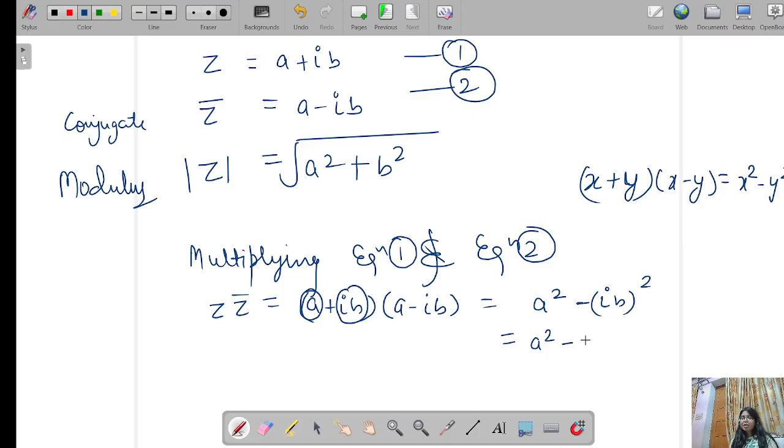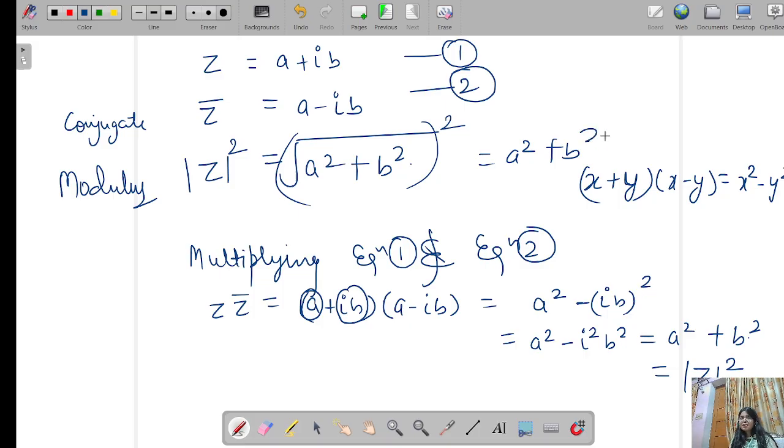Alright, a square minus iota square b square, it will be like this. Now there is a relation between this. This is only the square of the modulus. If I am squaring this, this will be this, and this is the same as multiplying z with z bar.